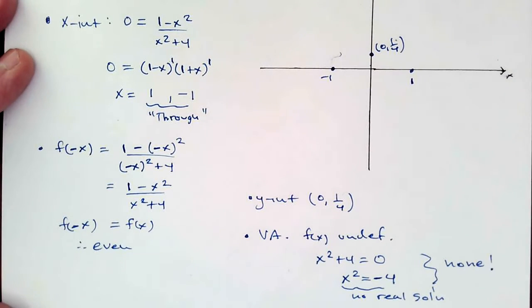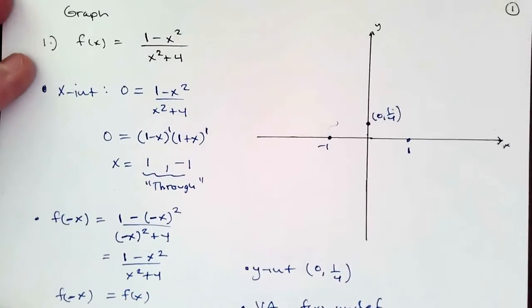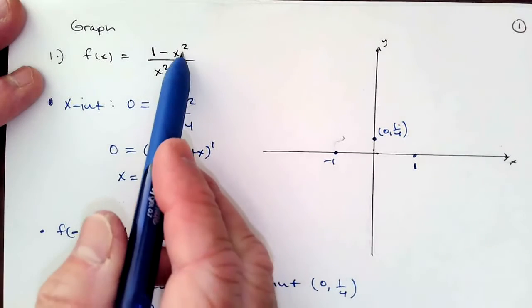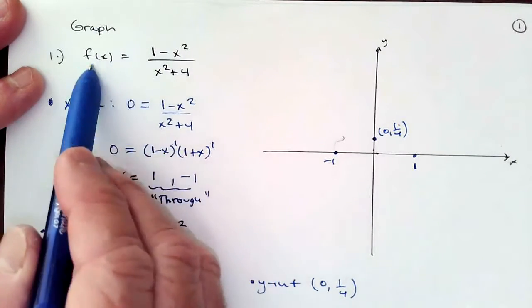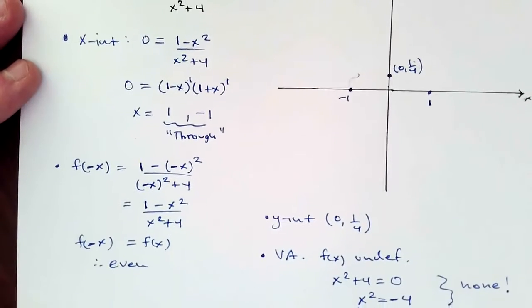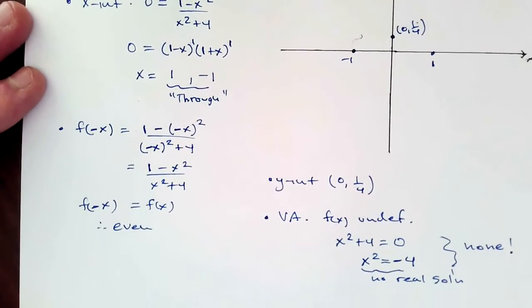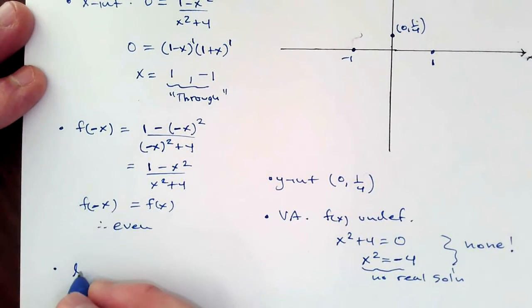Okay. We could still possibly have a horizontal asymptote, however, which we know comes from finding out what happens to this function as x goes to infinity or -infinity.